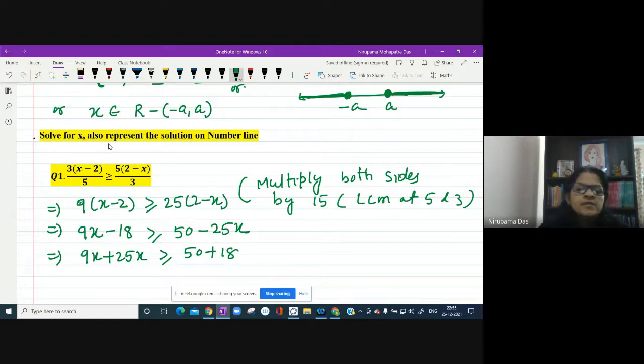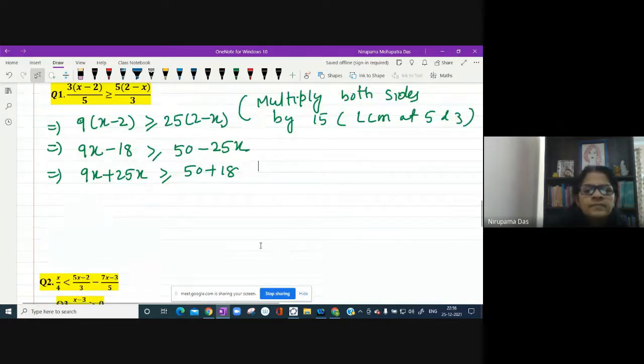Next we simplified. Next step, what have we done? We have transposed variables to one side and constants to the other side. Then you are getting 34x greater than or equal to 68.